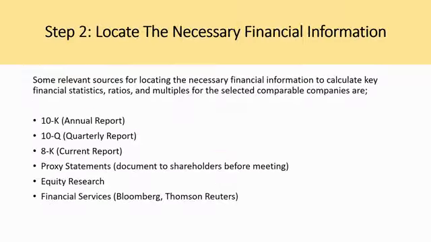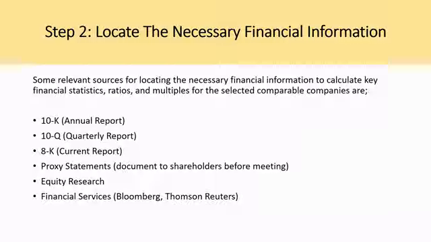Okay? In step 2, you're now locating the necessary financial information. Some relevant sources for locating the necessary financial information to calculate key financial statistics, ratios, and multiples for the selected comparable companies are: the 10K, the annual report; the 10Q, the quarterly report; the 8K, which is a current updated report on the performance of the company. There are also proxy statements, which are documents shared with shareholders before a shareholder meeting.